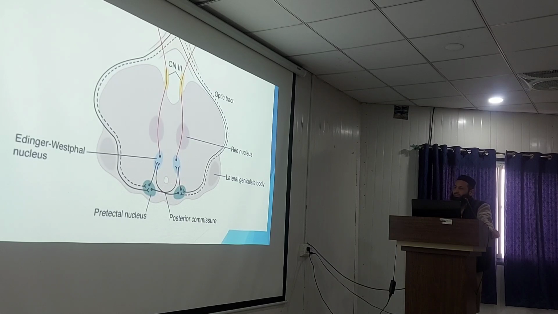These are the fibers. From this right eye, these fibers go to the pretectal nucleus of the left side. So these are the fibers which are responsible for the consensual light reflex. When we shine light in the left eye, the right eye will also constrict.